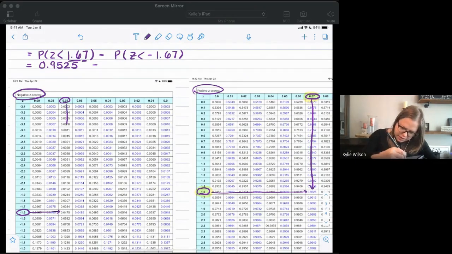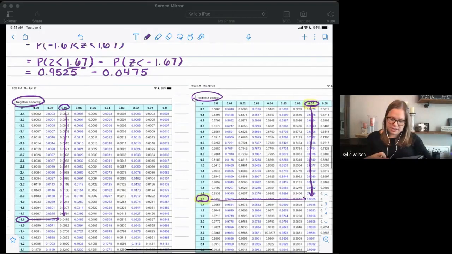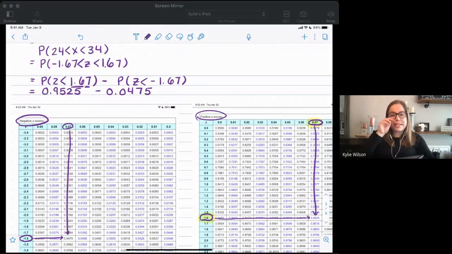And I find where the two connect, and I'll get 0.0475. So what this means is that 4.75% of the data points are less than 24. That's what that means. So now I can just subtract those.